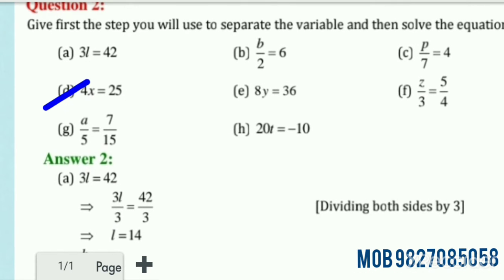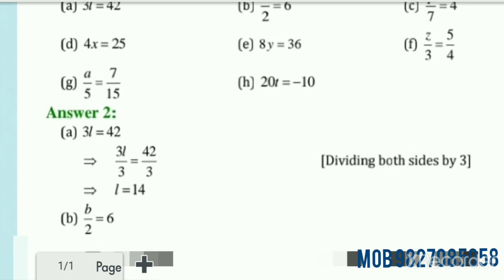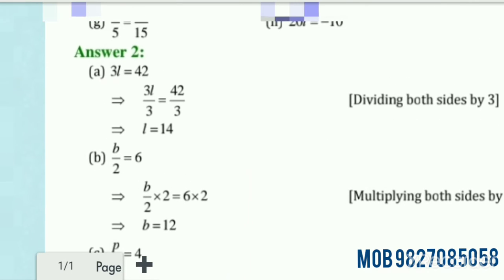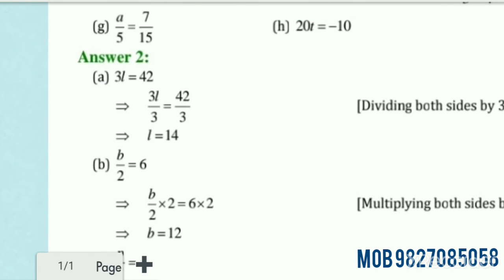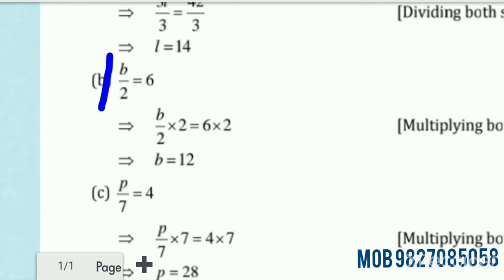Questions D, H, E are the same. Now question number B. Here we have to remove 2, which is in the denominator. Here question number B is b by 2 is equal to 6.